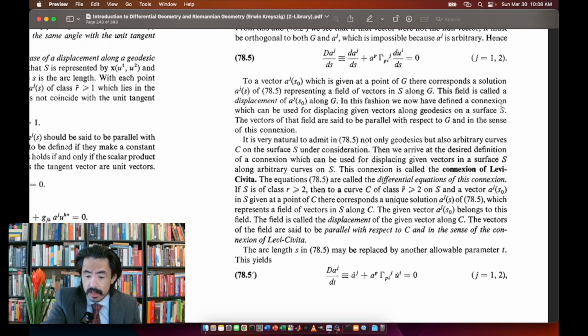The field is called the displacement of the given vector along C. The vectors of the field are said to be parallel with respect to C and in the sense of the connection of Levi-Civita.